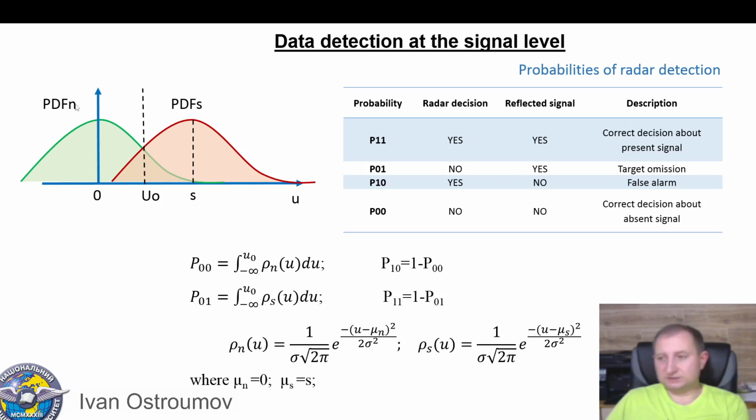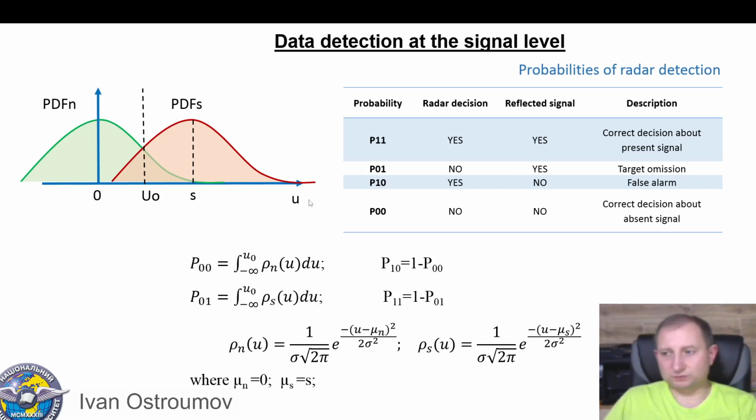Therefore, the probability density function is a function that has an area under this function, between the shape of the function and axis x. In our case it is voltage, however, it doesn't matter.